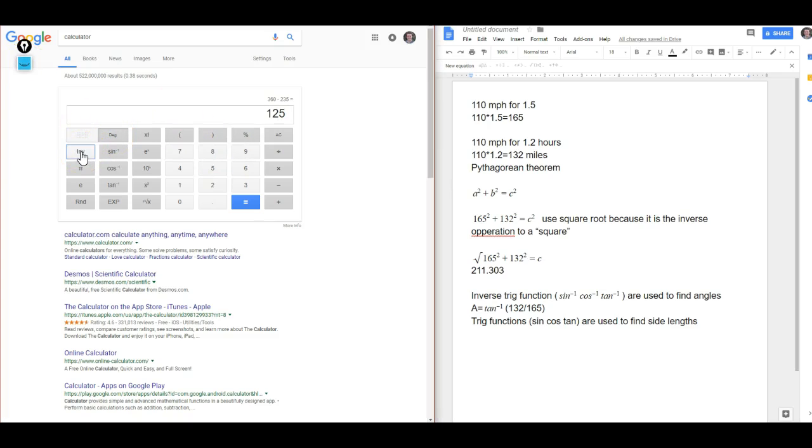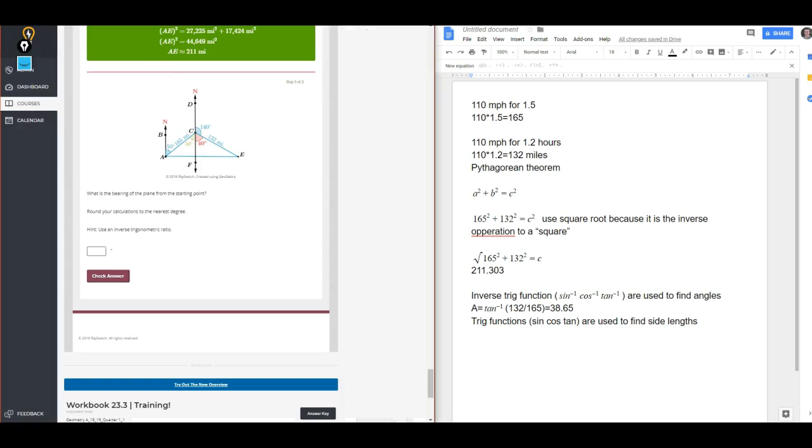Hit the inverse button, tangent of 132 divided by 165, hit equals, and that's going to equal 38.65 degrees. So that is what this inside angle right here is equal to.